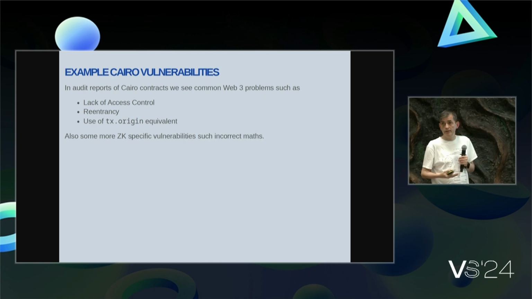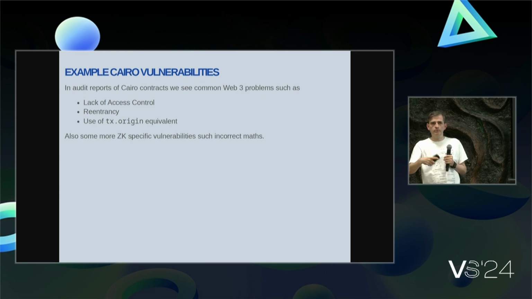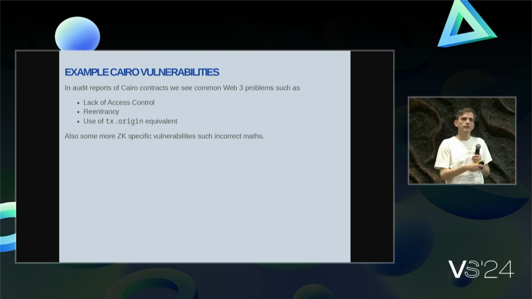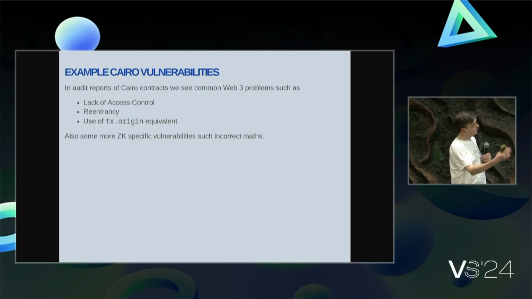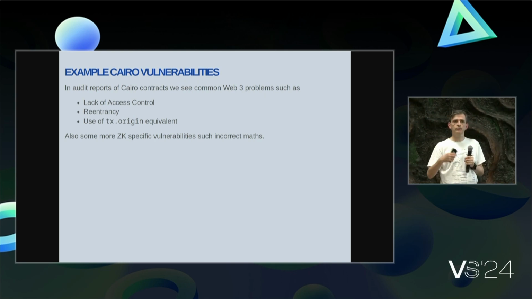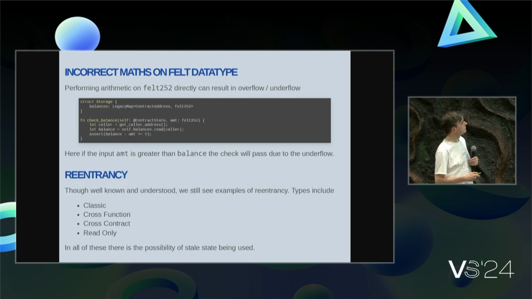Reentrancy we can get in Cairo contracts as well. And if you know Solidity, you know the problems of using tx.origin. There's an equivalent to that in Cairo that you need to be careful not to use. And then on the ZK side, the more ZK-focused vulnerabilities, we have things like incorrect maths, where maybe you would get an underflow or an overflow.